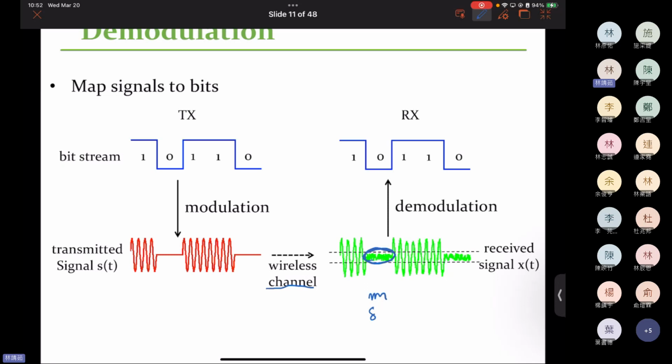For example, in this case, the noise is actually quite small. So even if you add this red signal with some small variation data, you can still see there is a very clear difference between the high amplitude and low amplitude, right? So you can still visually detect this is high, low, high, high, low, and demodulate this back to 1, 0, 1, 1, 0.